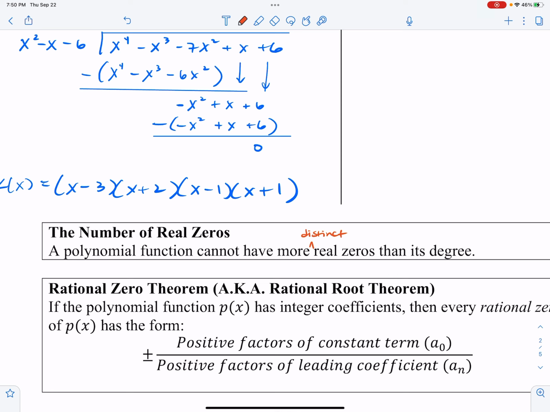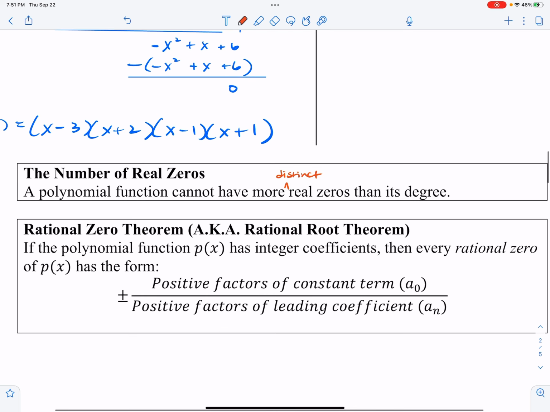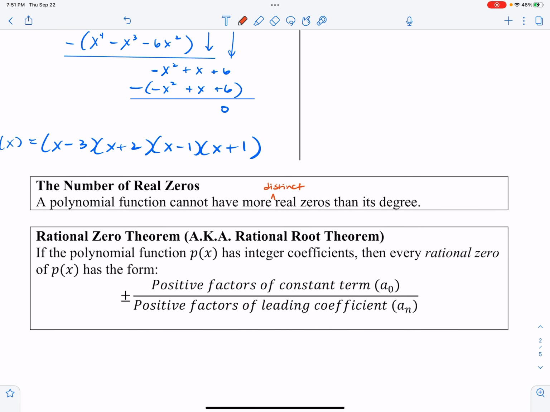You might have a 6-degree polynomial, though, where there's only one real zero and no complex zeros, right? Like if you had x minus 1 to the 6th power, 1 would be your only zero, and it would have a multiplicity of 6. So that's helpful for us. That kind of gives us some parameters or some guidance on how to factor a polynomial and identify its real zeros.